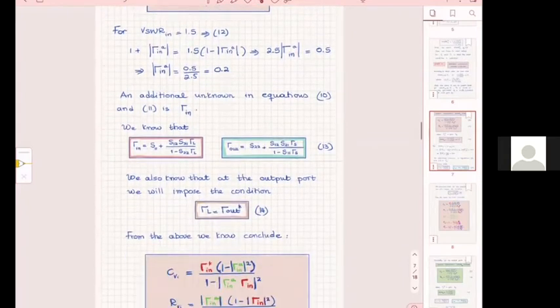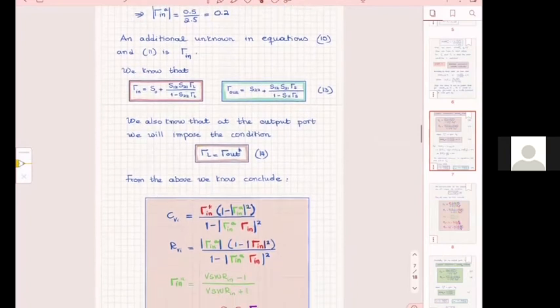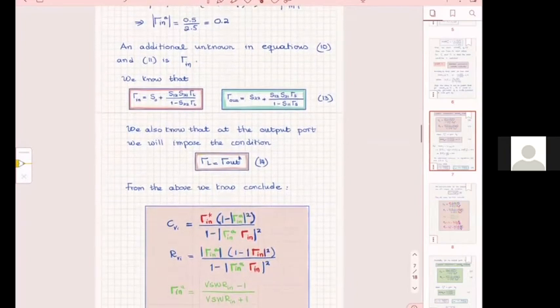But what are the formulas now that relate these two? The formulas that relate gamma in and gamma S are these two formulas, with the following information: in all of these designs, even if we select gamma S for gain, noise, and whatever else, at the output port we'll still have this one.